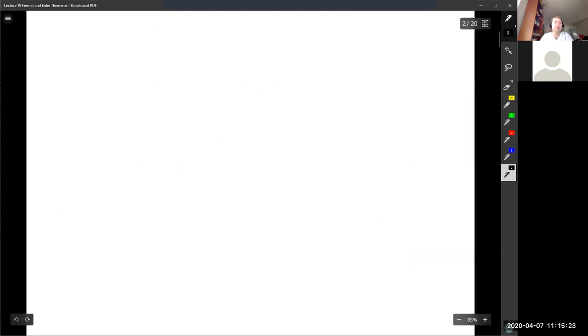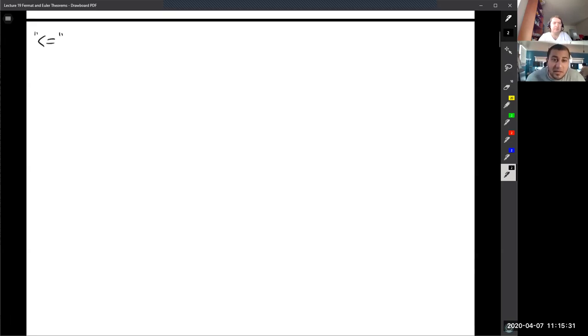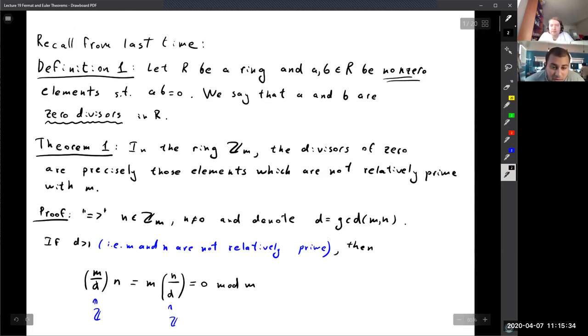Well, the opposite implication would be as follows. Sorry, Professor, can you go back to what you were saying? Sure. What I'm trying to prove in the first part is that if we have an element which is not relatively prime with m, then it must be a zero divisor.